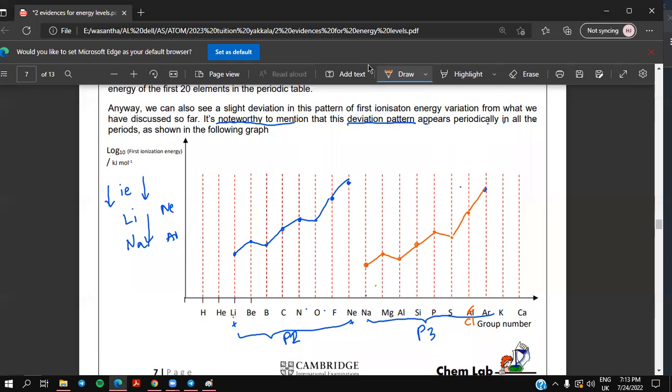Now, what do you think about potassium and calcium? Potassium is group 1. When you go down, the ionization energy has to decrease. So lithium over here, sodium over here, potassium should be lesser than sodium. From potassium, again, you go up to calcium.